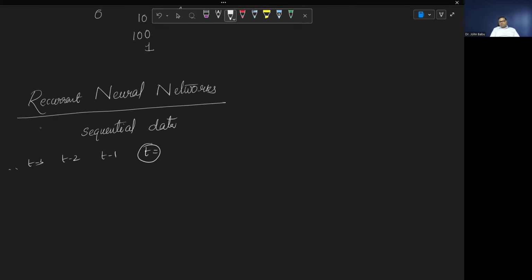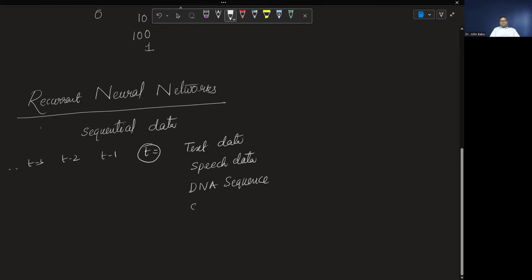So in NLP, text data is considered as sequential data, then speech audio data is also considered sequential data, and DNA sequence depends on the previous sequence.